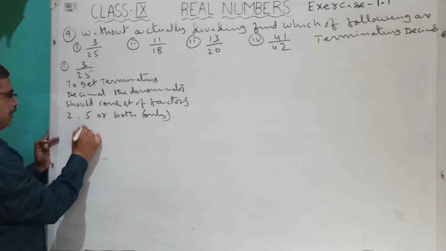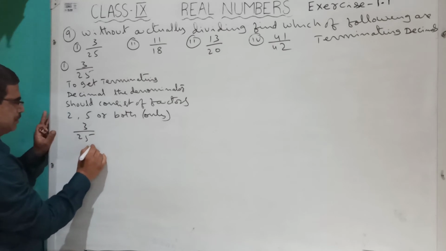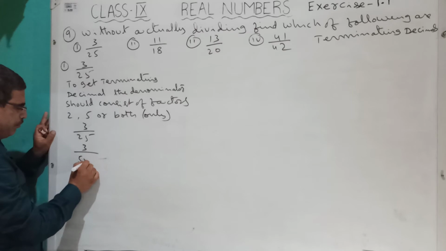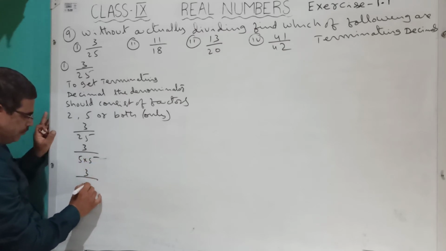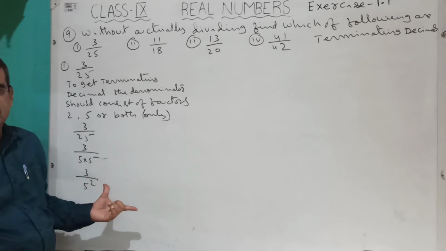So here I am taking 3 by 25. This 3 by 25 can be written as 3 by 5 into 5, so that is 3 by 5 square. So in the denominator 5 square is there.